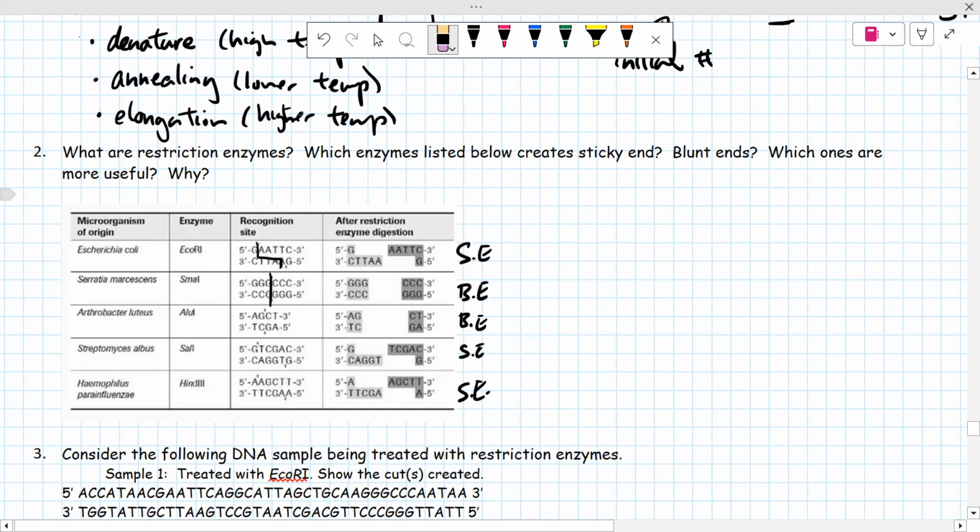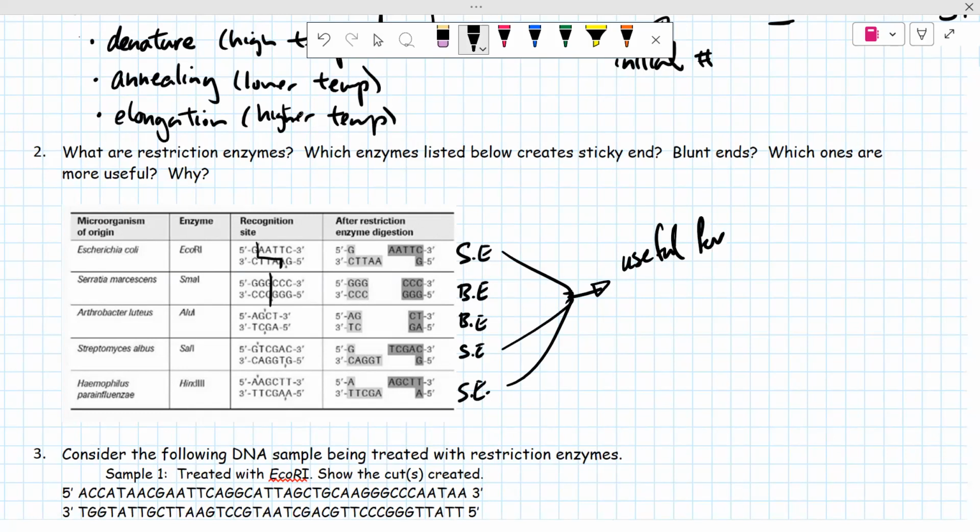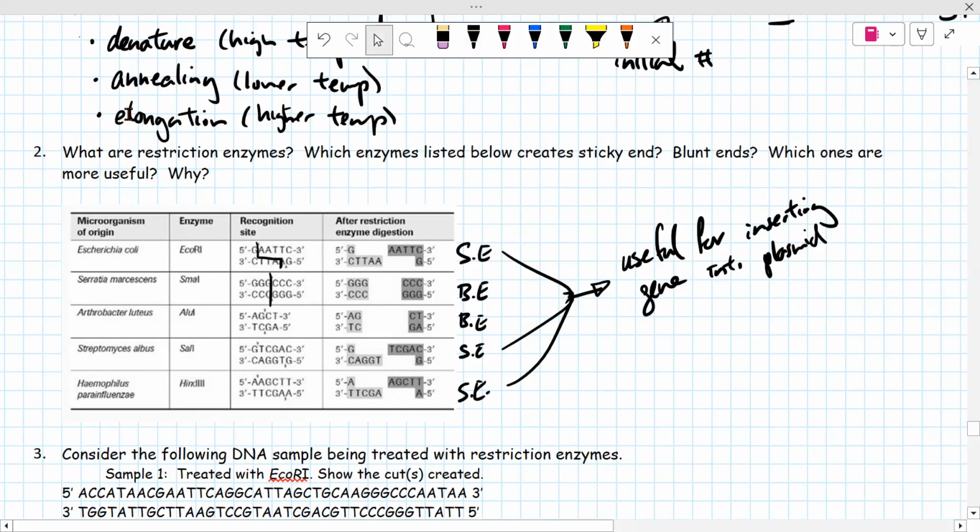I should rephrase the question: which are more useful when it comes to inserting genes into a plasmid? Blunt end ones are useful for other reasons that we didn't talk about. Sticky ends are useful for inserting a gene into a plasmid. As long as you cut the gene and the plasmid with the same restriction enzyme, you will create complementary sticky ends. You can then glue them together using ligase.